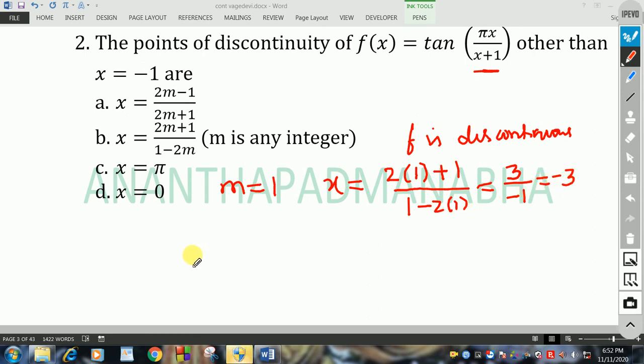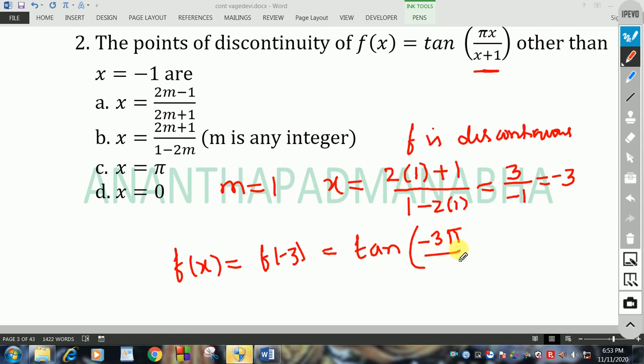Now at x equals minus 3, f of x becomes, that is f of minus 3 is equal to tan of, you put x equals minus 3 there, so you will get minus 3 pi divided by minus 3 plus 1, which will be equal to tan of 3 pi by 2.